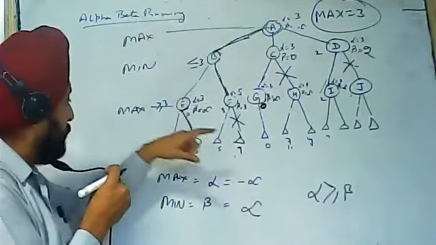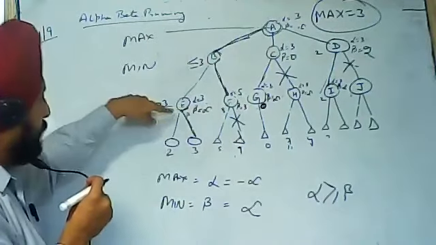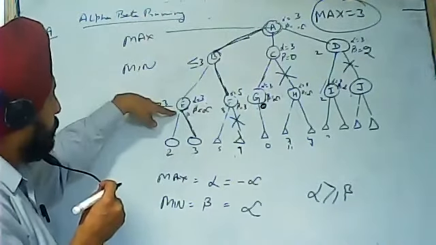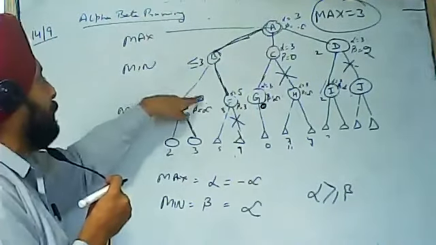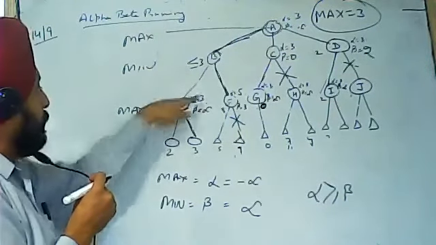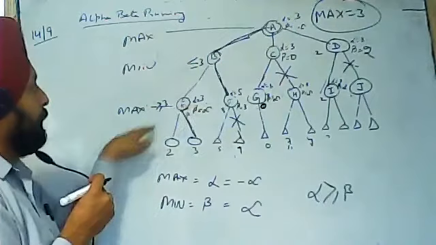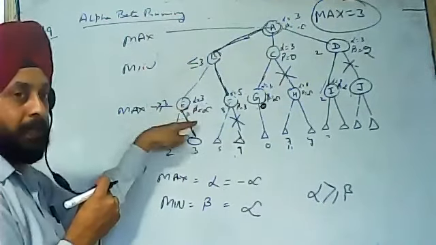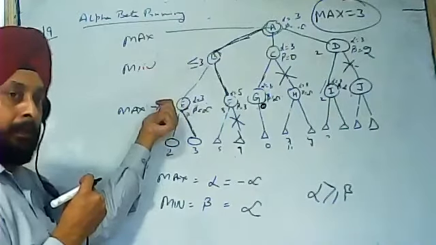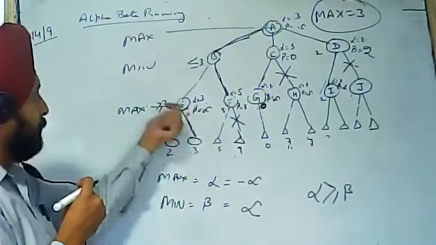Next thing you have to remember: here 2 will become the node value of E. This node value is supplied to alpha or beta, whichever applies, max or min. If it suits, then the alpha or beta value gets changed. If it does not suit, the value remains. Then this comparison will also be made.